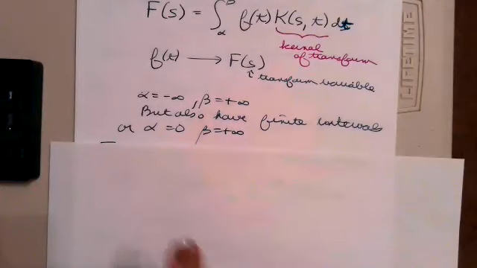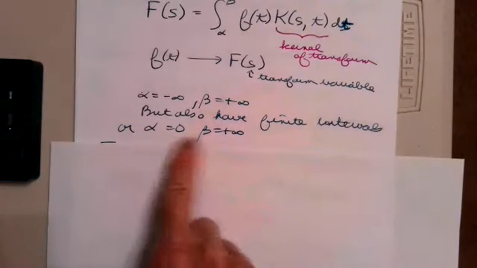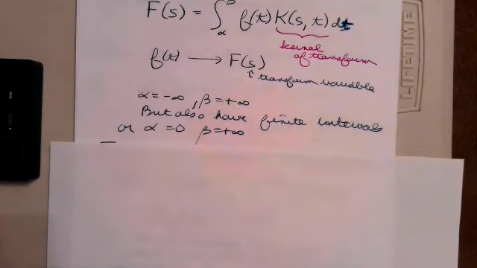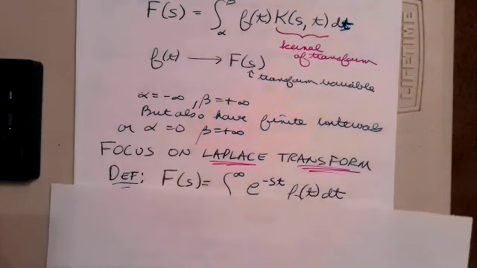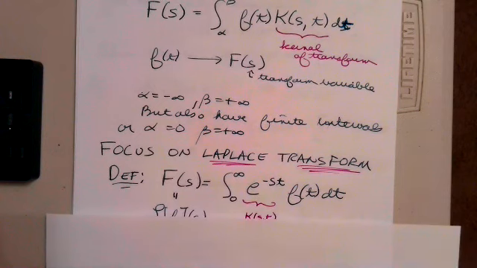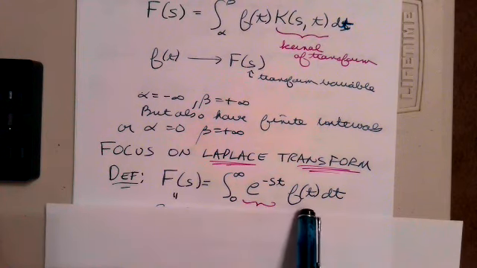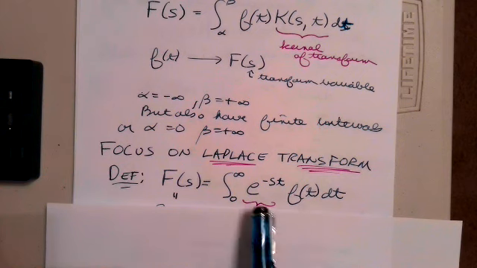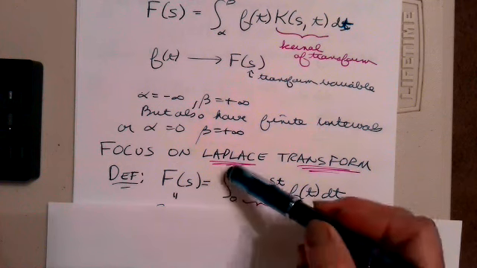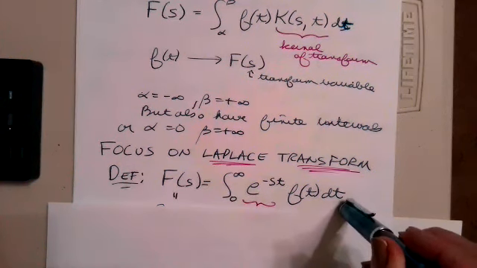Okay, so you can have finite intervals, and then for the Laplace transform in particular, we'll have the interval from 0 to infinity. So we want to focus on the Laplace transform. The Laplace transform is, let's call it capital F of s. You're given a function little f of t. The Laplace transform of that function little f is you multiply by e to the minus st. You integrate from 0 to infinity with respect to t.